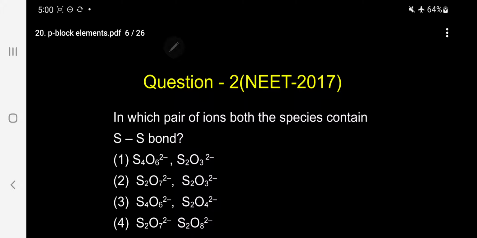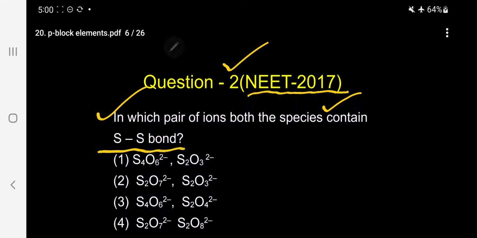Okay, question number 2. This question was asked in the year 2017. In which pair of ions do both the species contain an S-S bond? Option A: S4O6 2 minus, S2O3 2 minus.